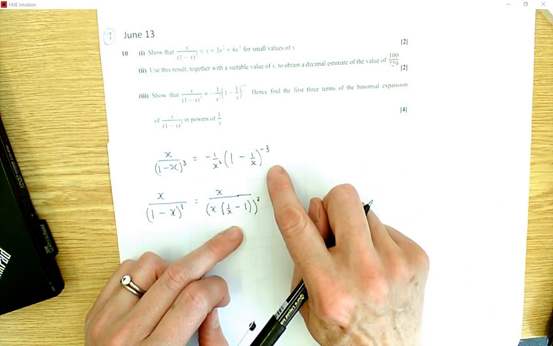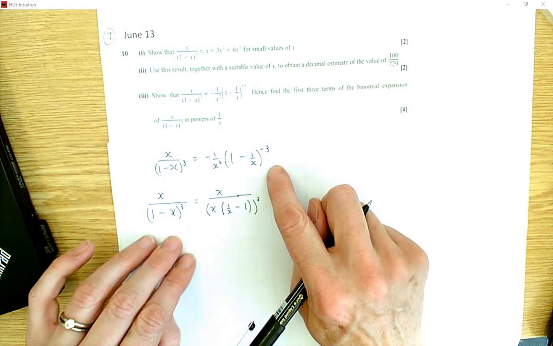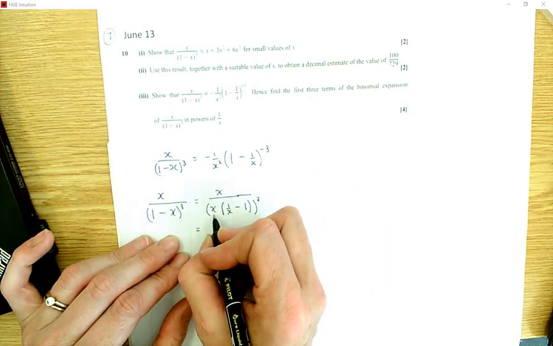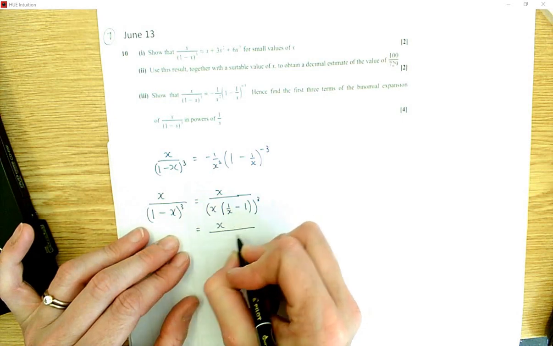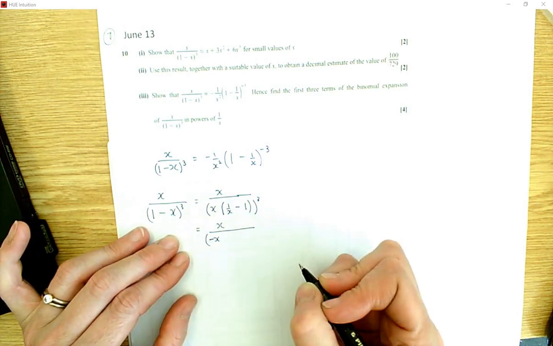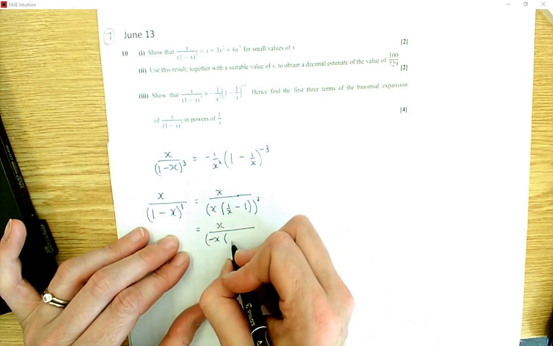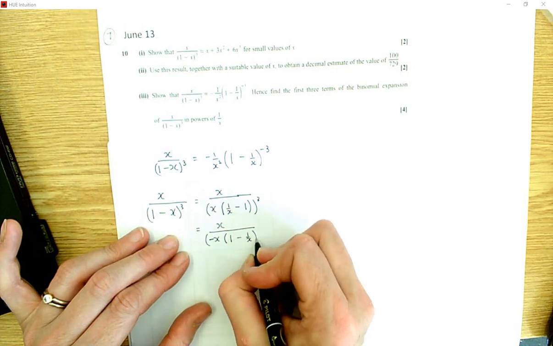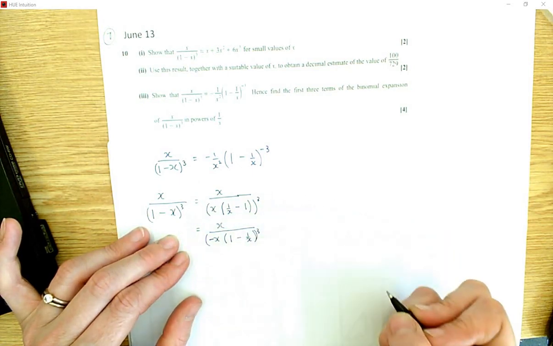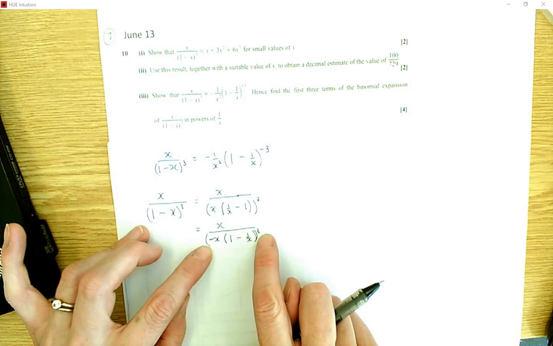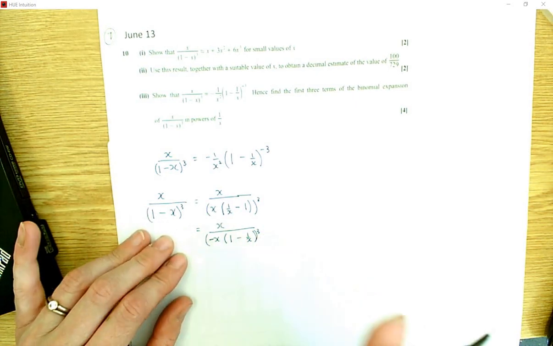The only problem is this is the opposite signs. So instead of having x outside, I'm going to have minus x, and then I will have 1 minus 1 over x, all cubed.